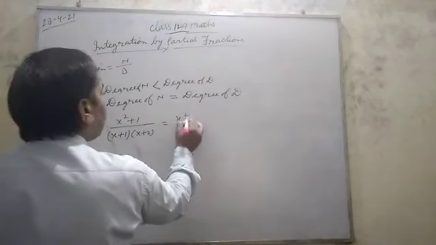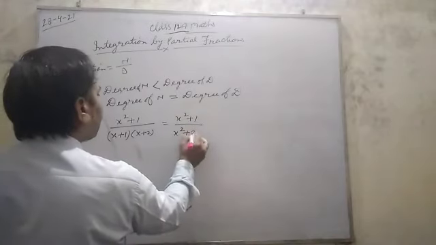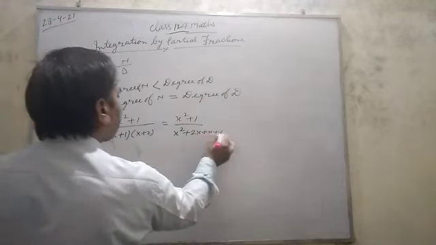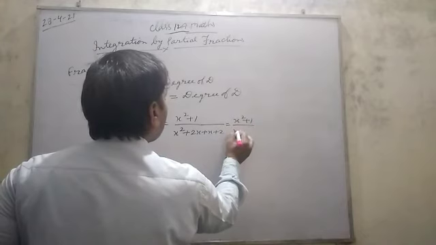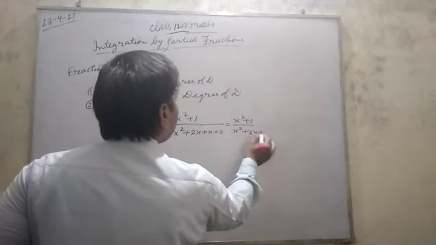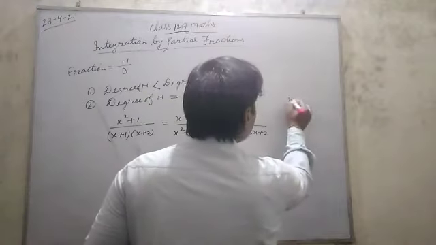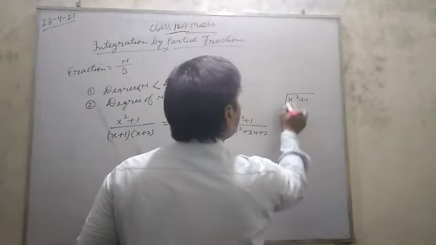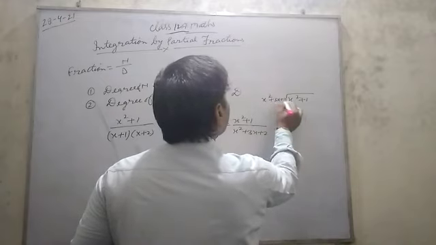So first you multiply the denominator: x square plus 2x plus x plus 2 is equal to x square plus 3x plus 2. So x square plus 1 upon x square plus 3x plus 2. First you divide x square plus 1 by x square plus 3x plus 2.